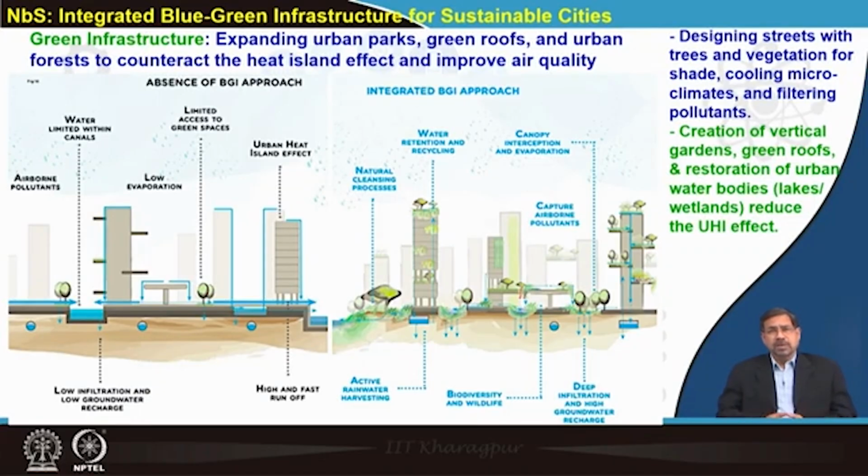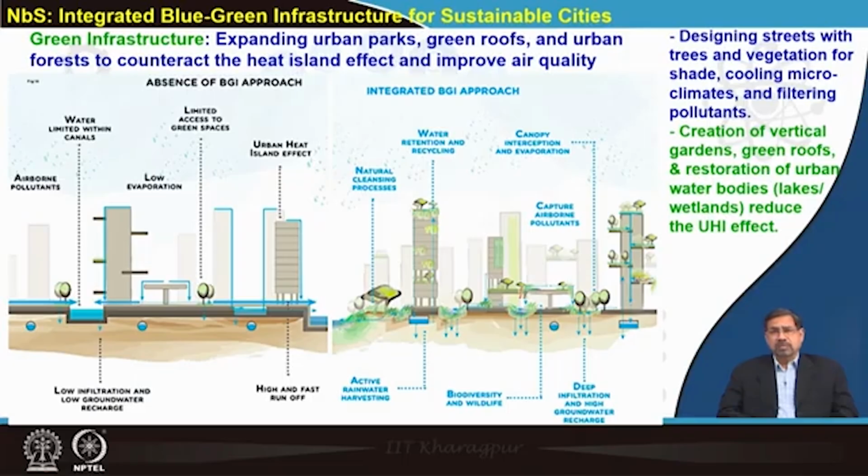Thereby it also controls soil erosion, and because of the canopy interception, evaporation and other benefits, this leads to deep infiltration and high groundwater recharge, which was not happening without the presence or integration of blue green infrastructure.